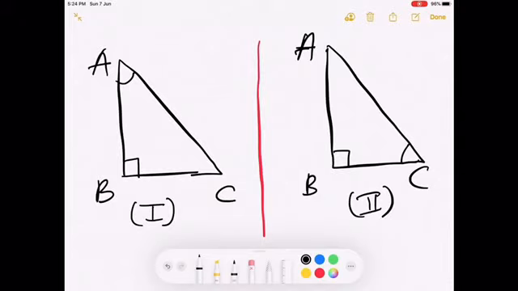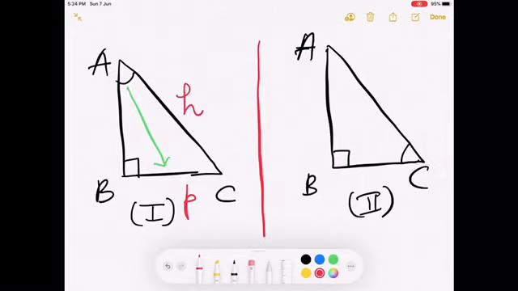If I take angle A as the angle of reference, then the side opposite to angle A is BC, so BC here will be called the perpendicular, and the side which is making up angle A, that is the side AB, apart from the hypotenuse, will be known as the base.